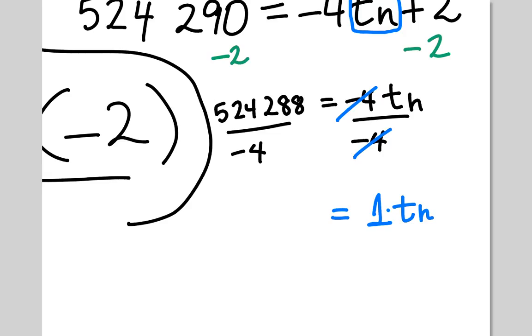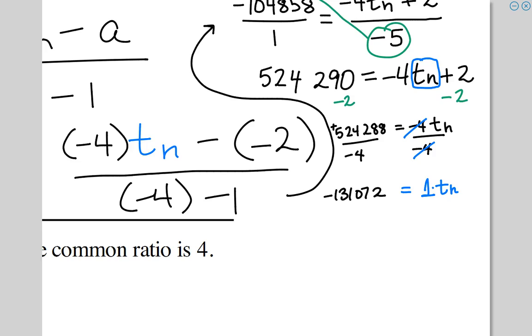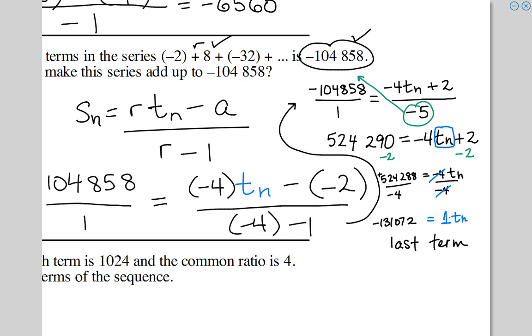So here you have a positive dividing a negative, and this comes out to what? Negative 131,072. Thank you for that. So there's your last term in this sequence, if the sum was this 104,858.